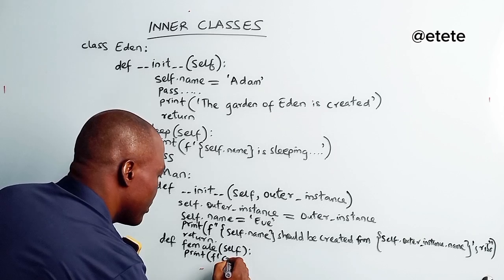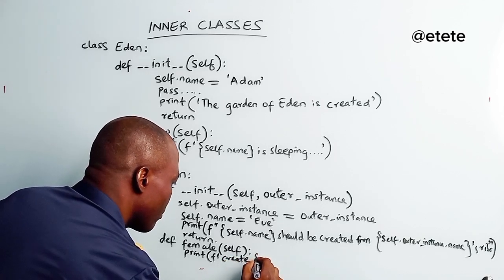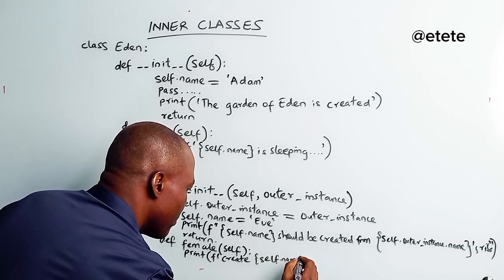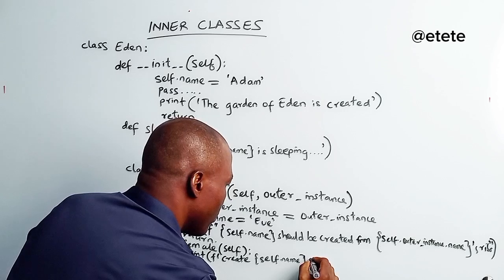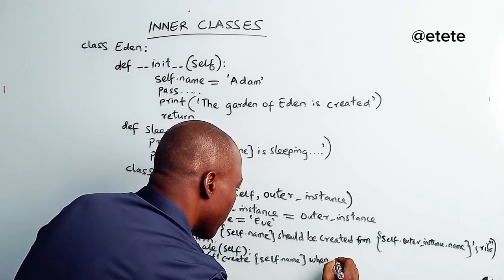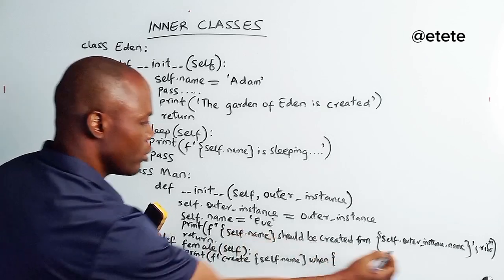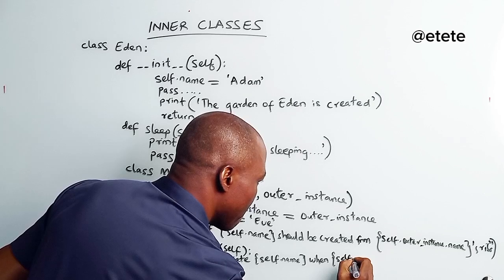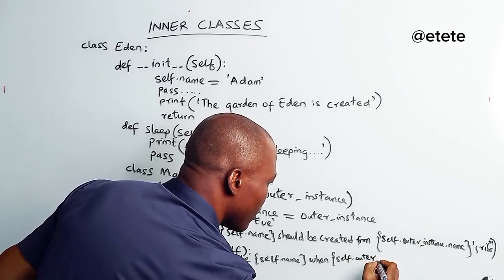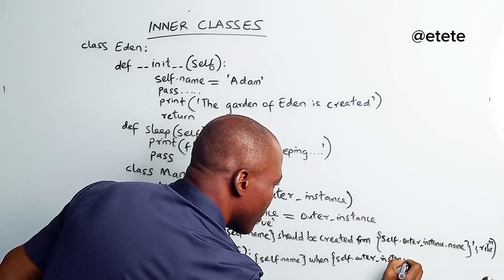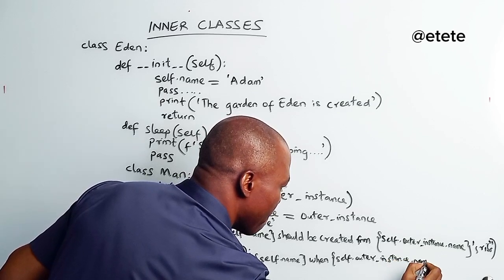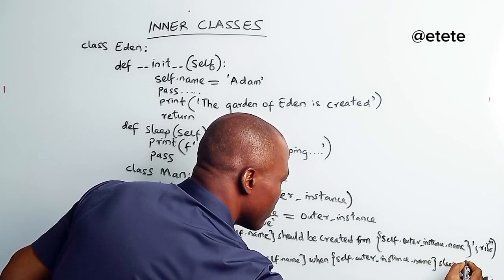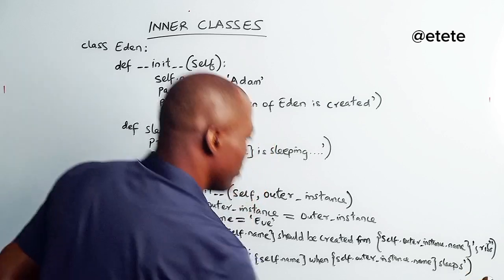You will say create self.name when, I'm going to put this same thing. I'm going to write it here: outer_instance.name. Then you cover this and then you close this.